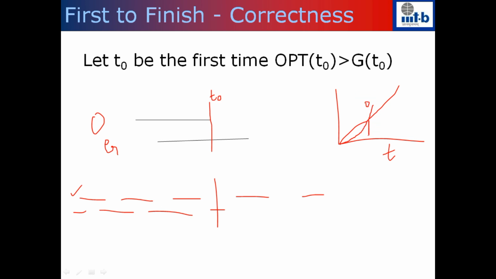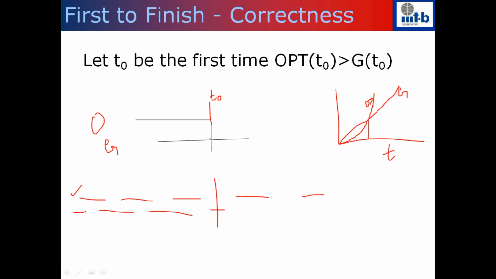This is the time that we are referring to as t0, right? The curve that I am drawing here refers to the optimum solution, and the original one that I wrote is for the greedy algorithm. That is the number of jobs completed by the greedy algorithm.